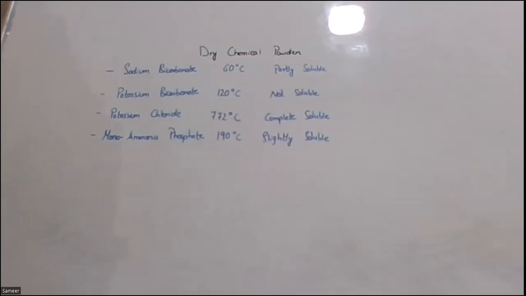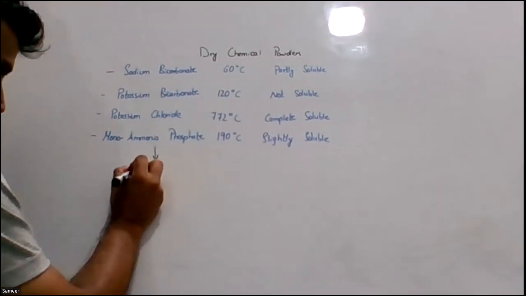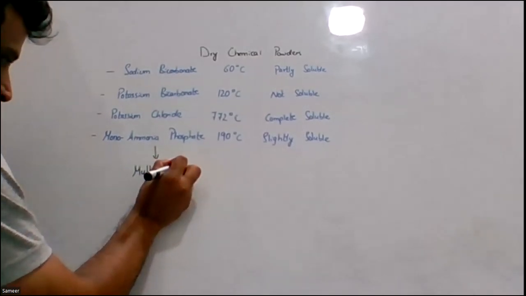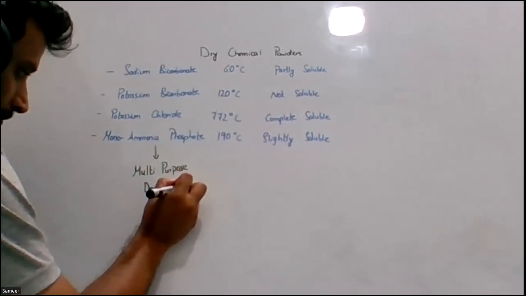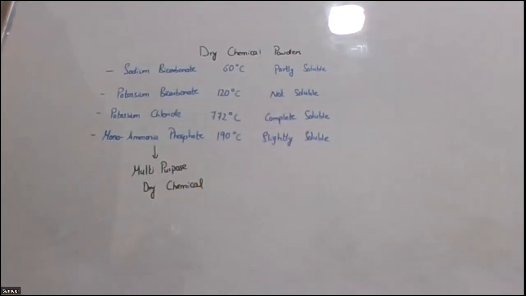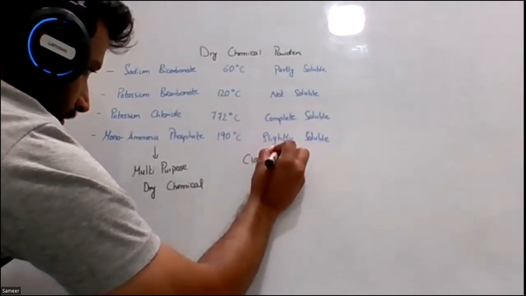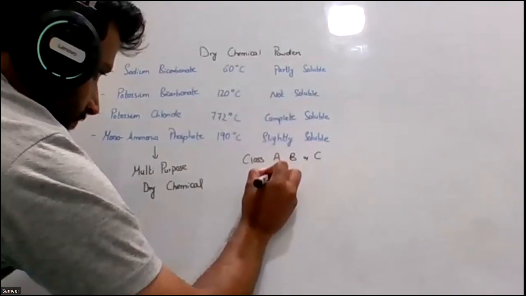Among these dry chemicals, monoammonium phosphate is the one known as the multi-purpose dry chemical. Why do we call it multi-purpose? Because it can be used on all class A, B, and C fires.